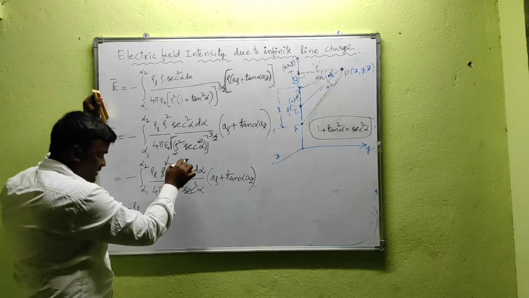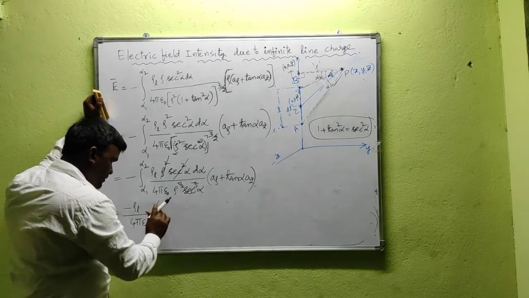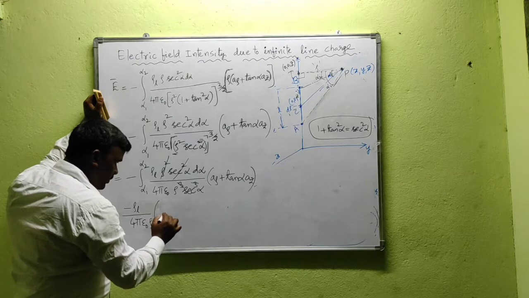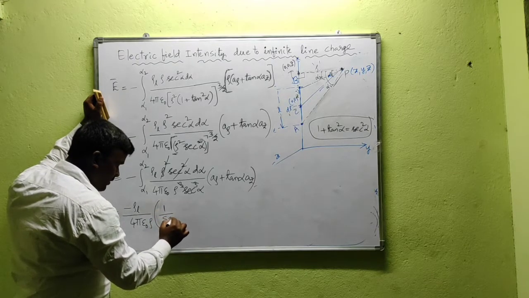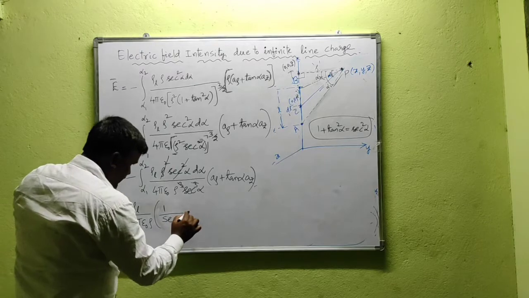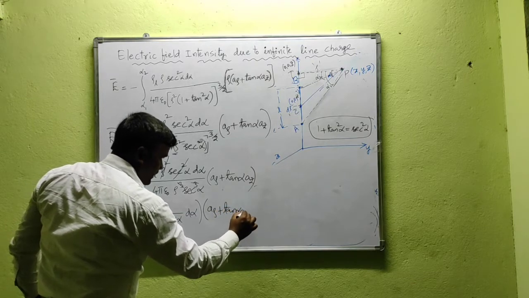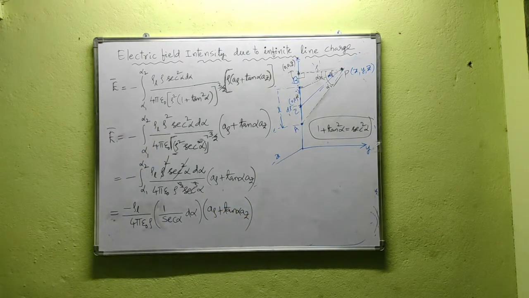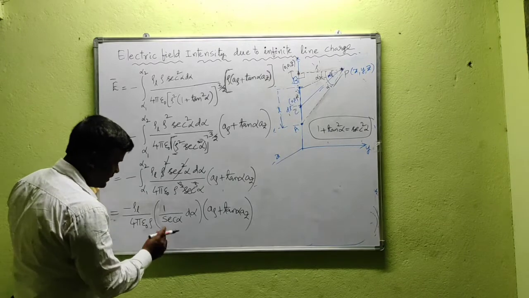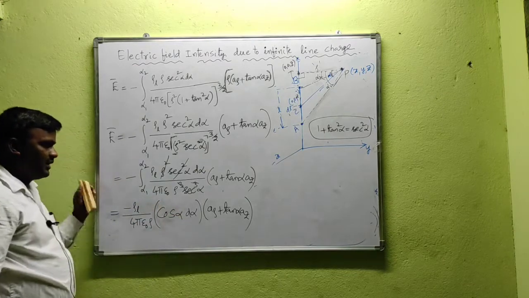Secant square alpha, this cube cancel out, means 1 by secant alpha into d alpha into a rho plus tan alpha a z. 1 by secant alpha is nothing but cos alpha, so cos alpha into d alpha.